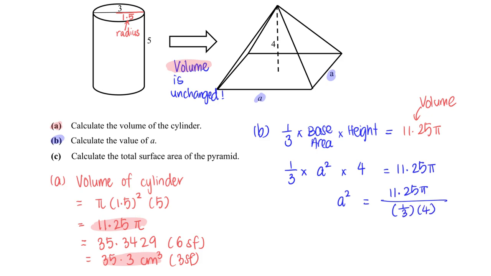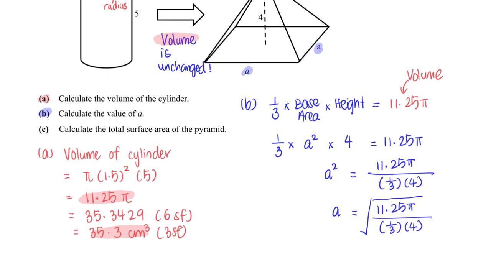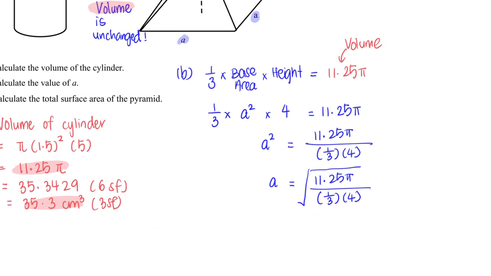And after which, since A is a length, I just need to square root the whole thing and take the positive root. And so this will give me a value of 5.1485 to about 5 significant figures. Final answer 5.15.